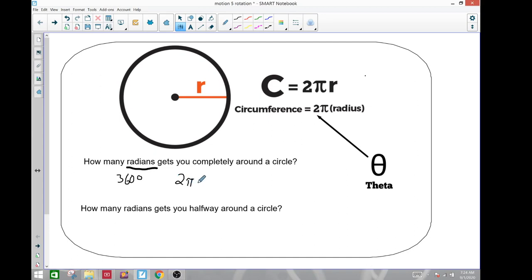We know that pi is like 3.1, so it's really 2 times 3.1. So to get around a circle is about 6.2 radians.